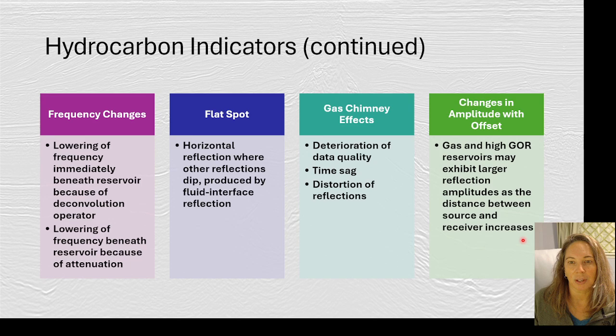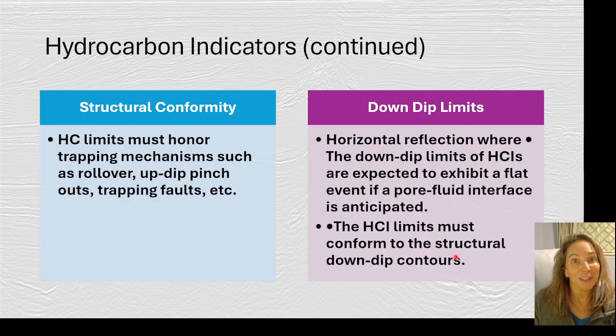And then you've got those changes in amplitude with offset, those AVO type effects. And then there's even more, which is great. We have the structural conformity that I talked about, because the hydrocarbon limits should mimic, unless there's some sort of differential pressure going on, the structure of the reservoir. And so we want to pay attention to those too.